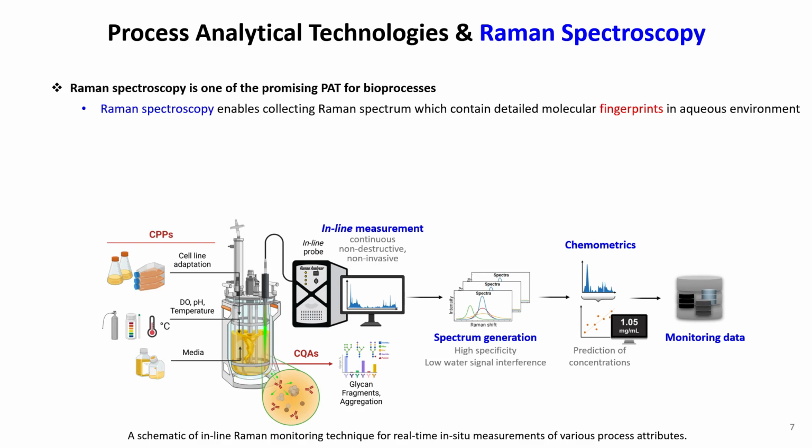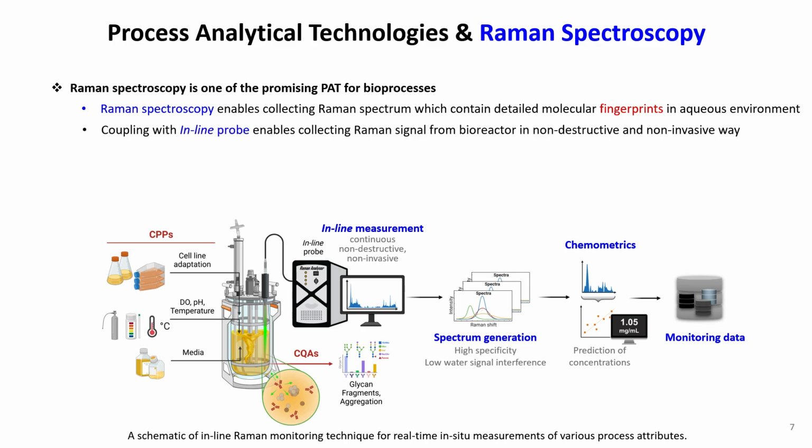Among the optical spectroscopy, Raman spectroscopy is one of the promising candidates of PAT for bioprocesses. Raman spectroscopy enables collecting a Raman spectrum, which contains detailed molecular fingerprints in aqueous environment. Coupling with an inline probe enables collecting Raman signal from the bioreactor in a non-destructive and non-invasive way.